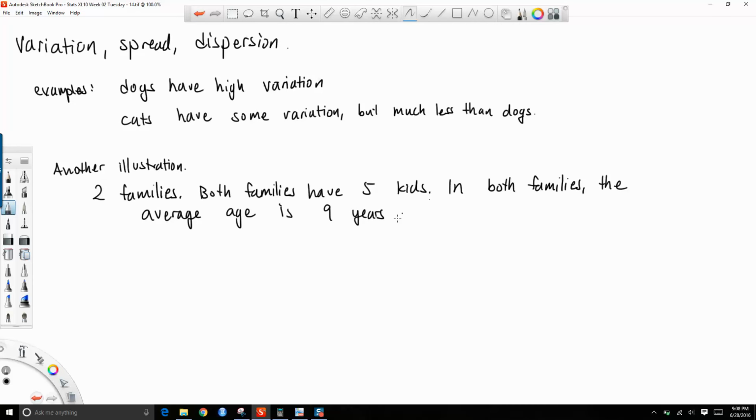The average age of the kids, okay? So at this glance, it might seem like the families are quite similar, okay? But let's say we have family A, okay? And we have family B.